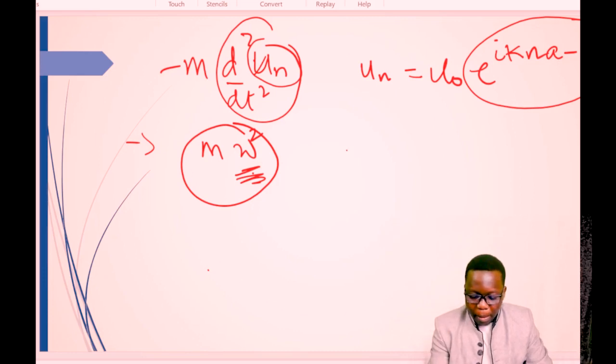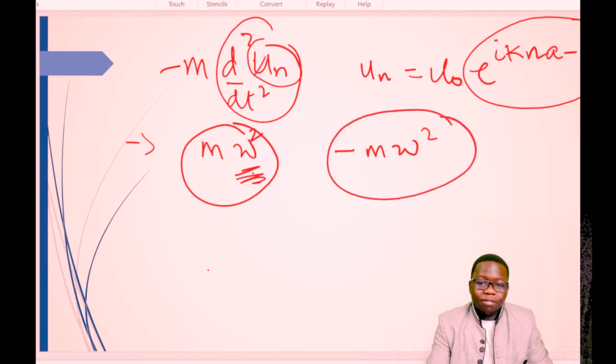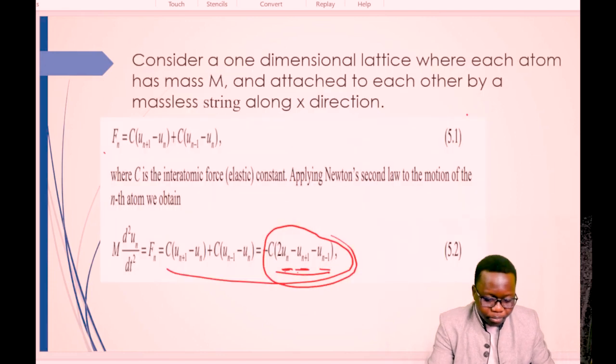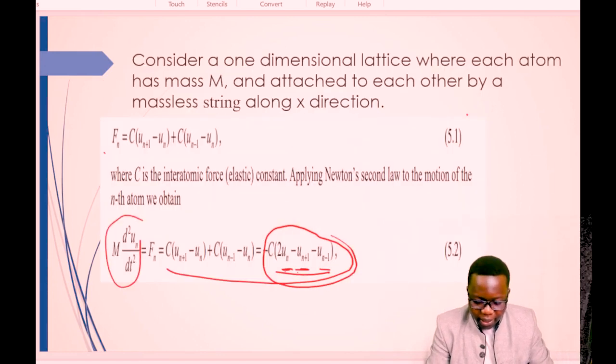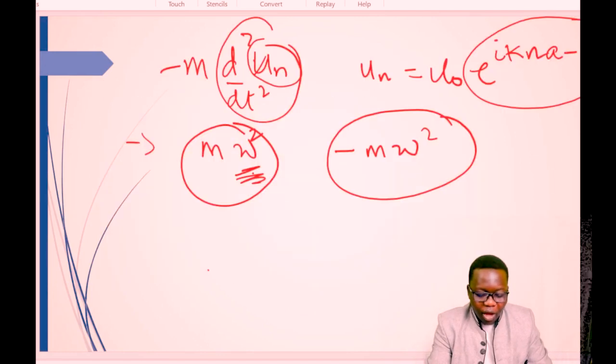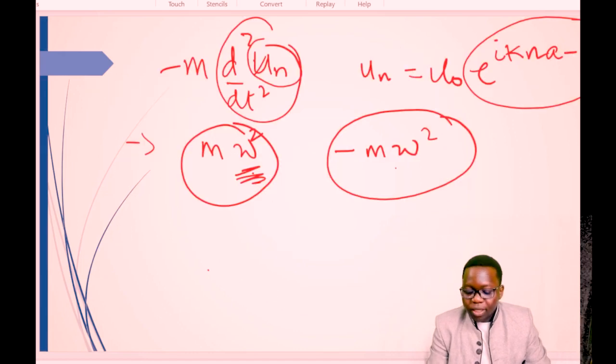That's why we have minus m omega squared for the left-hand part. So instead of having this part, we shall now be having what we just got, minus m omega squared.